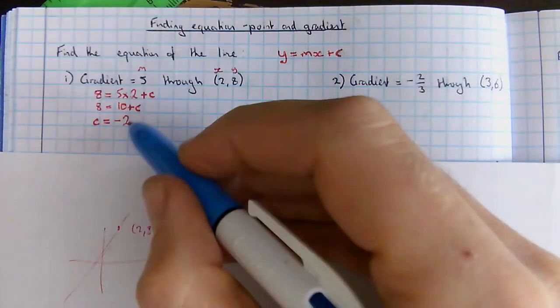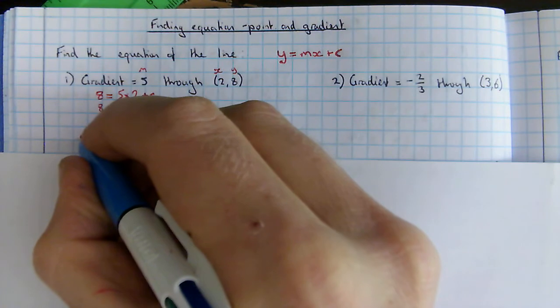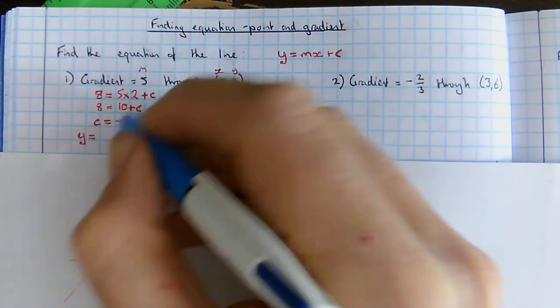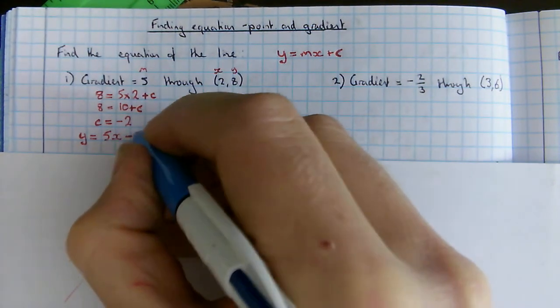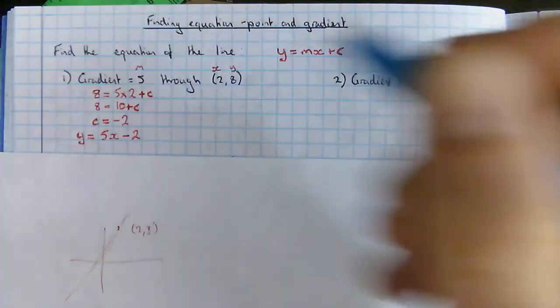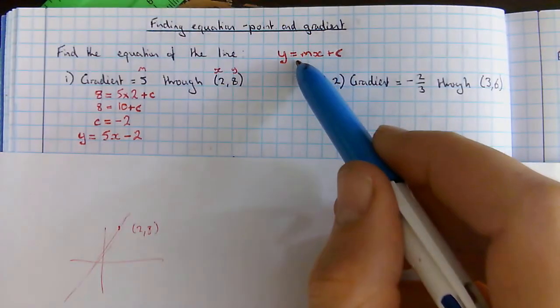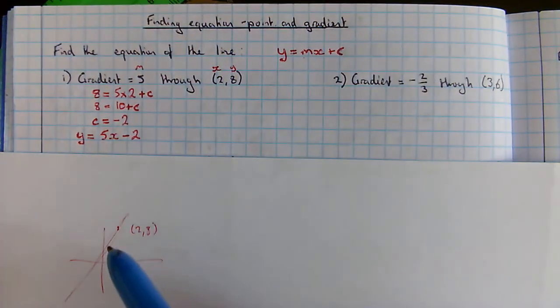We know the gradient is 5. So the equation of the line is y equals 5x minus 2. So at the end, all we did was rewrite the equation of the line, putting in our gradient and putting in our y-intercept.